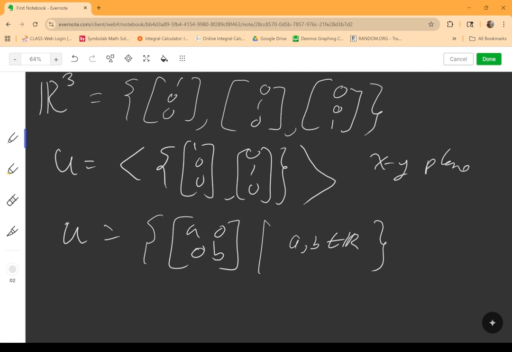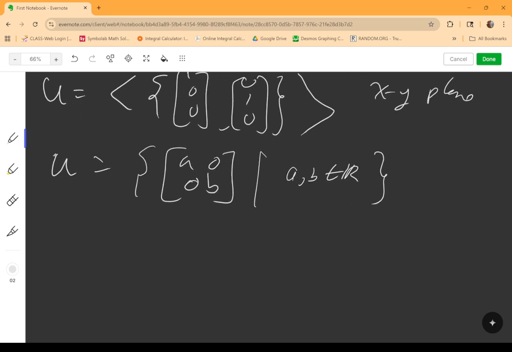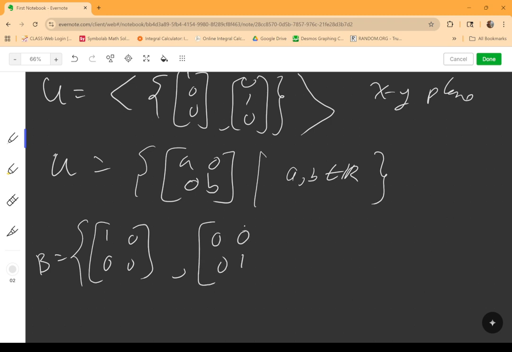This is a proper subset here, and as we see here, we can generate a matrix basis with two matrices, the basis for U. We know that the dimension of the 2 by 2 matrices is 4, and we can see the dimension of U is 2. Strict subset, dimension will be strictly smaller.